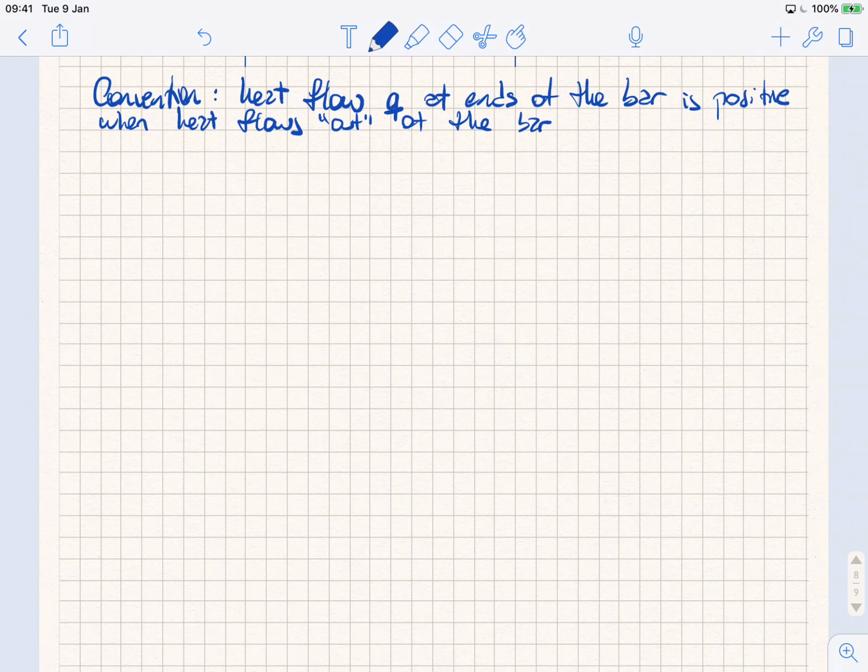So we can make a very simple diagram here. Let's say this is our bar, and now we have a temperature field that looks like this, right? Where this is our value of T1.